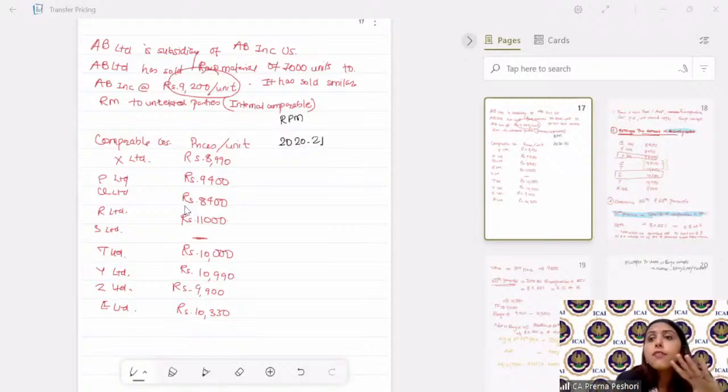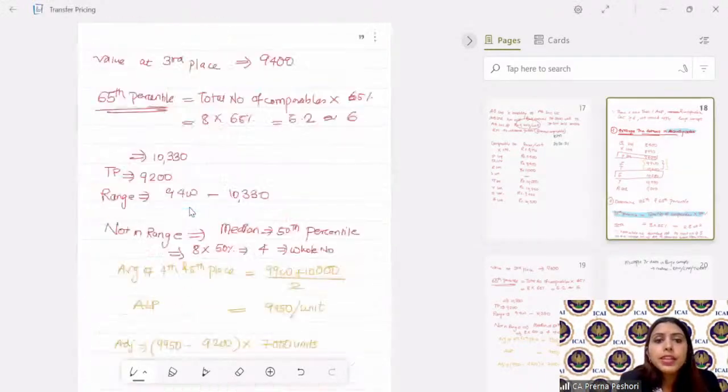Generally if you do not have the current year data, you take the past year data. But for the range concept, you can take total 3 years data, the current year plus 2 past years. So when the method is RPM, CPM or TNMM, you can take the current year data, as well as the 2 financial years preceding the current year.